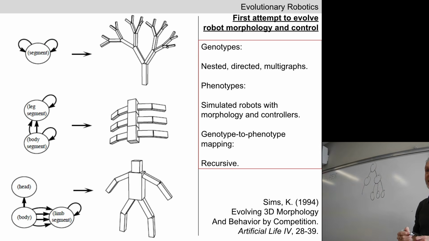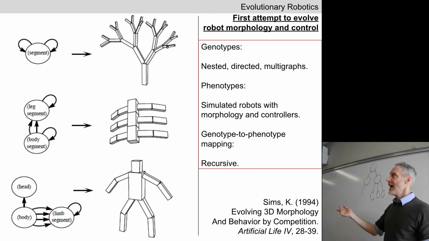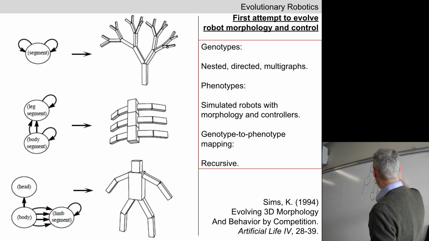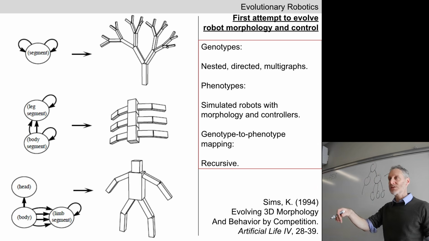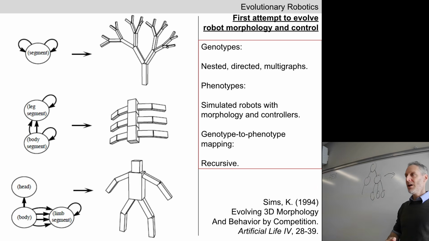This is the data structure type for the genotypes in genetic programming. And just last class, we saw this turned into a bunch of lions that are trying to bring down a gazelle on a virtual toroid. Yeah? Genotype, phenotype.